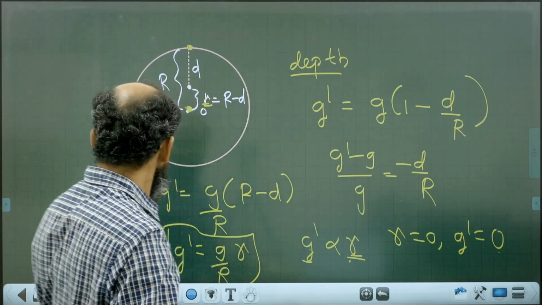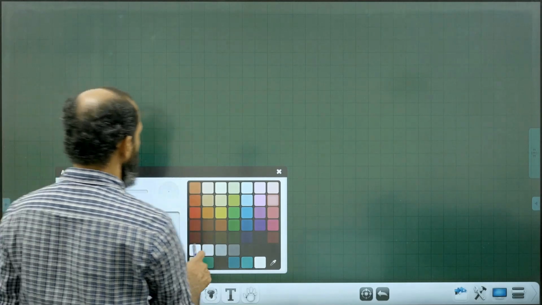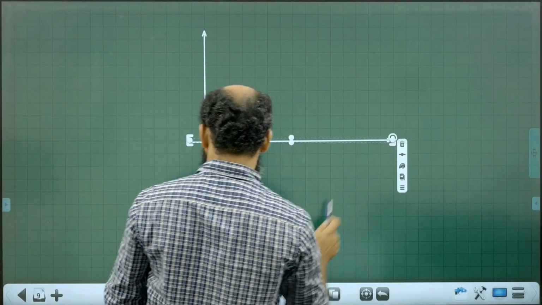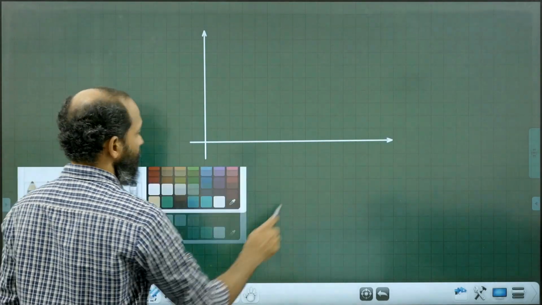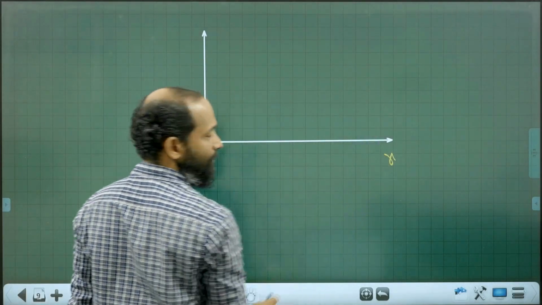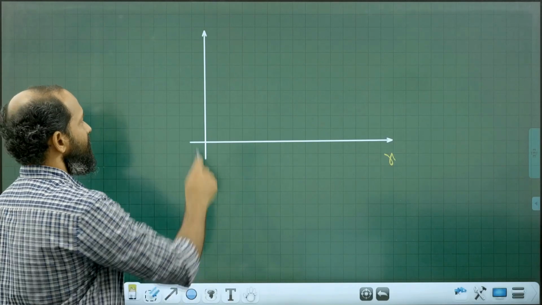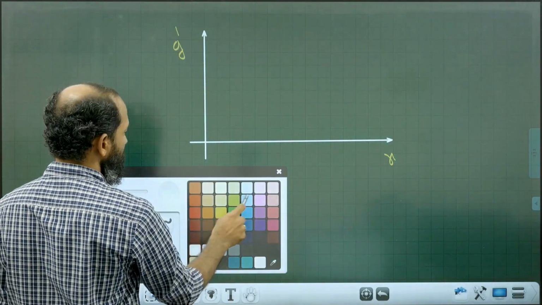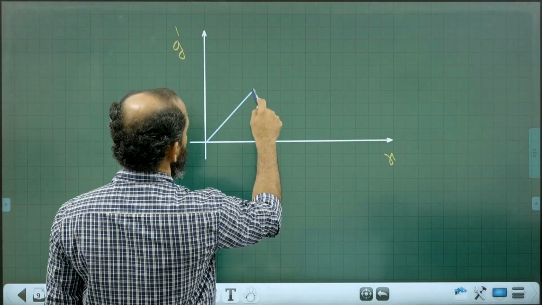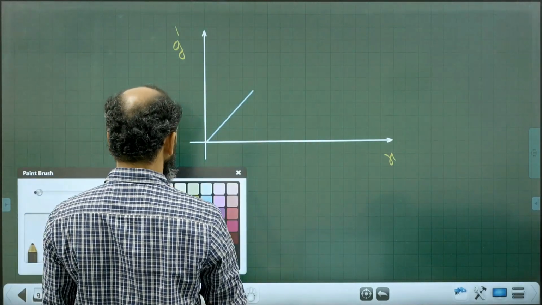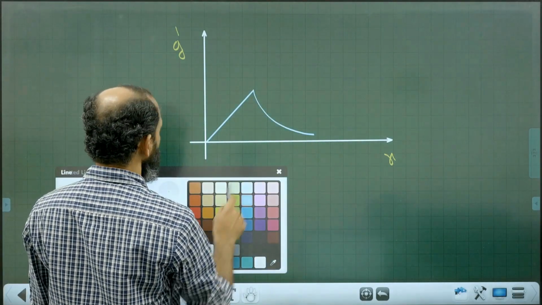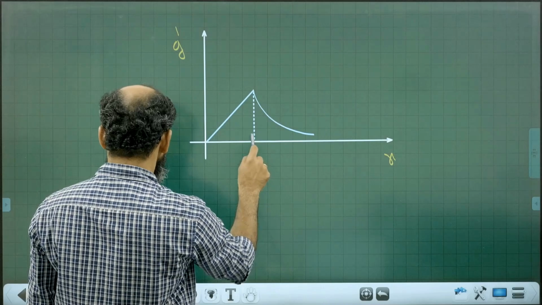If you plot a graph showing the variation of acceleration due to gravity, with radial distance from center on the horizontal axis and g' on the y axis, you get a straight line. After that, you get a hyperbola. So up to the surface the value of g increases.